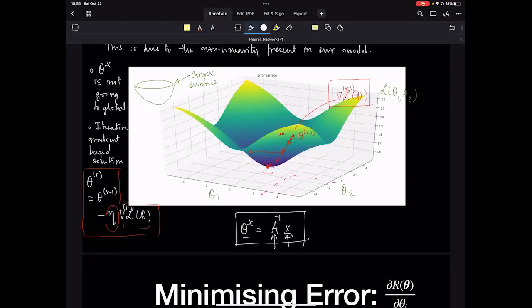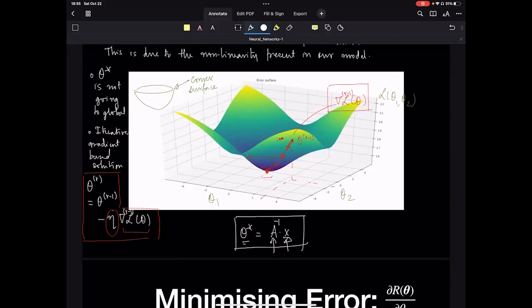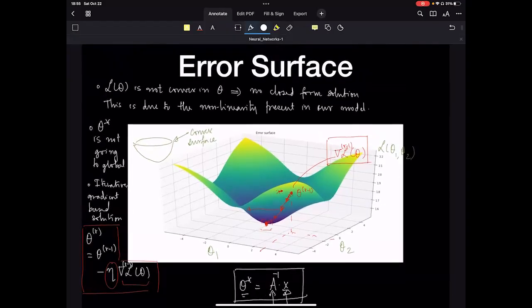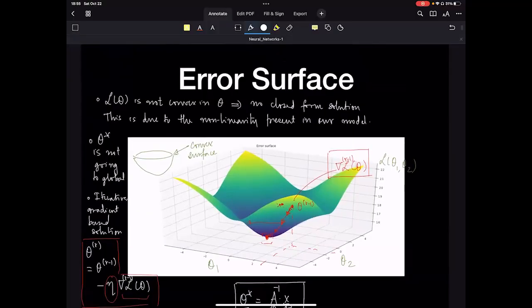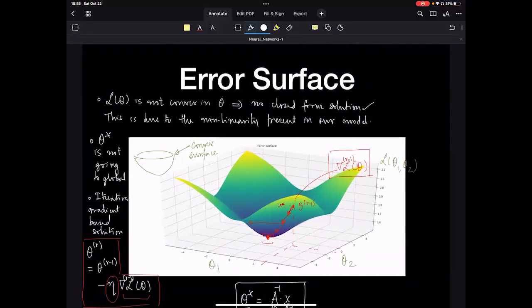Okay, so are we clear on the gradient approach to solving this problem? Because of the reasons that we have identified here, we don't have a nice form for our loss function in terms of the model parameters. That's why we have to resort to an iterative gradient based solution to finding the model parameters. And we all know what the model parameters are for the neural network: they are essentially the alphas and the betas.